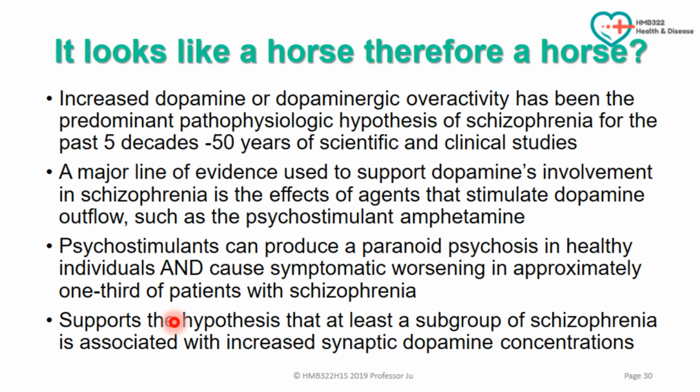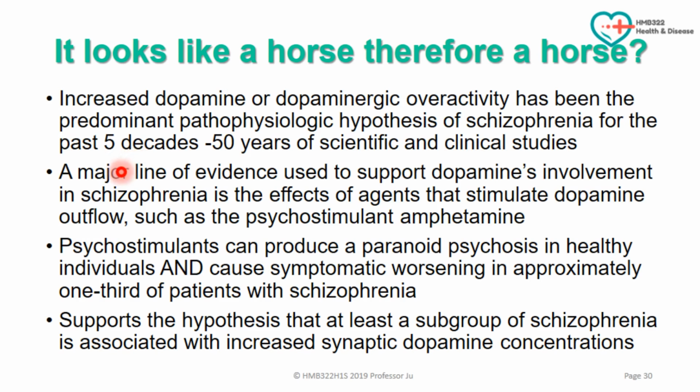One of the things very commonly associated with schizophrenia is something going wrong with the dopaminergic system, whether it's too much dopamine, which is the most common theory, overactivity of the dopaminergic system. This gets into the pathophysiological hypothesis of schizophrenia that's dominated over the last 50 years, that only in the last 5 years we've started to rethink.